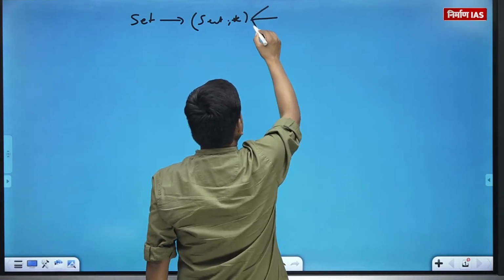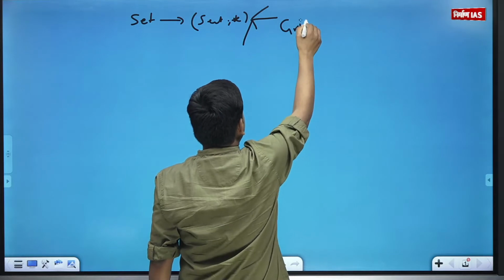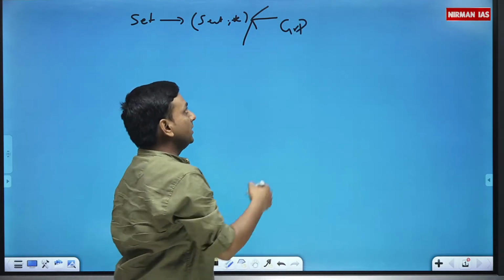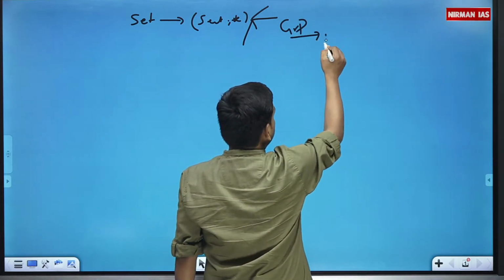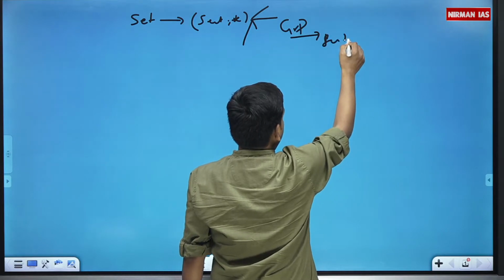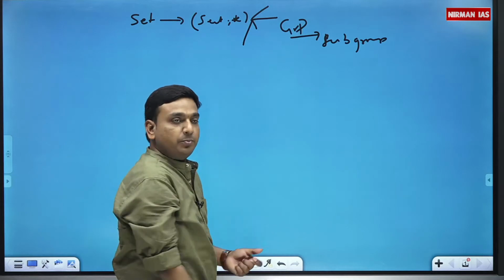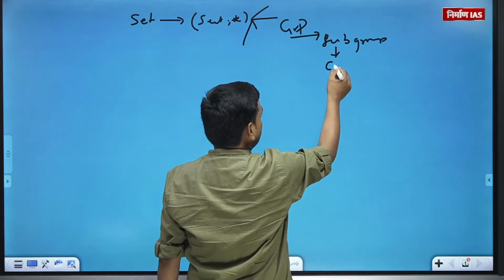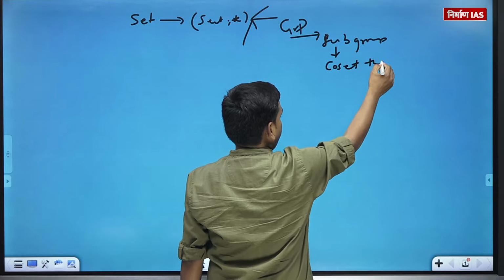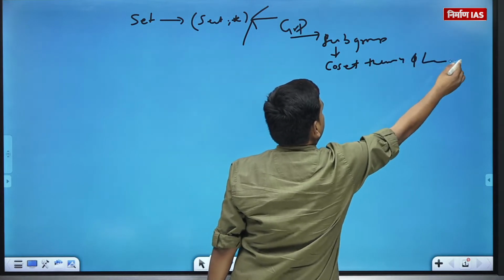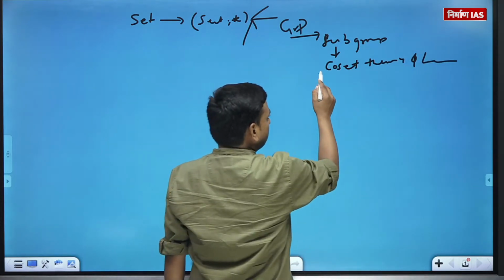By following some conditions, we moved to group. From the group, we have discussed subgroup. After subgroup, we discussed coset theory and Lagrange theorem.